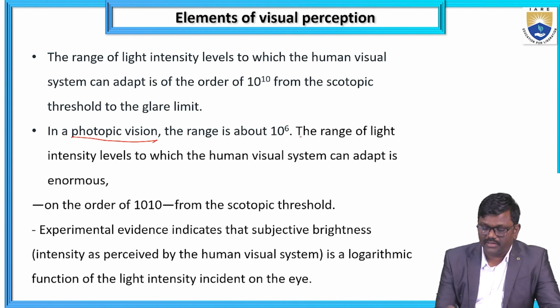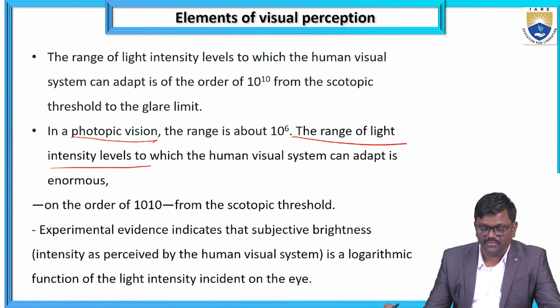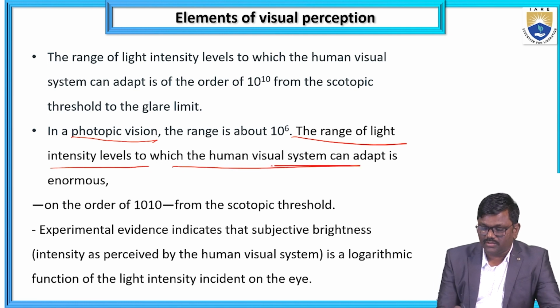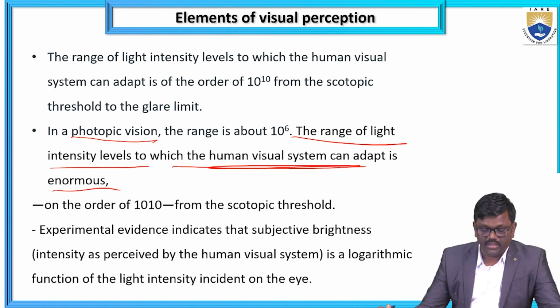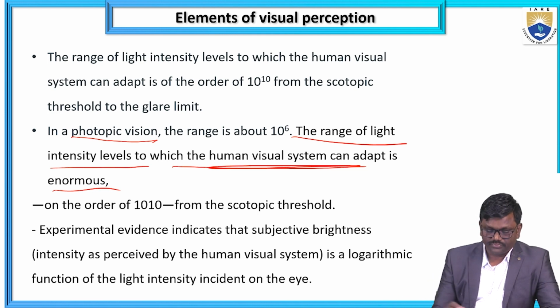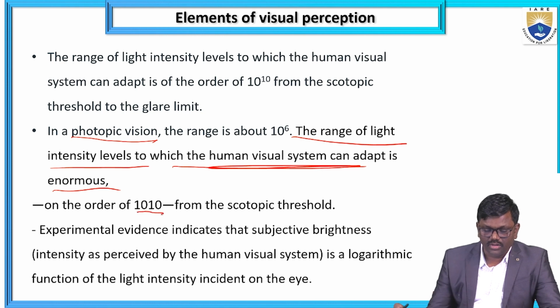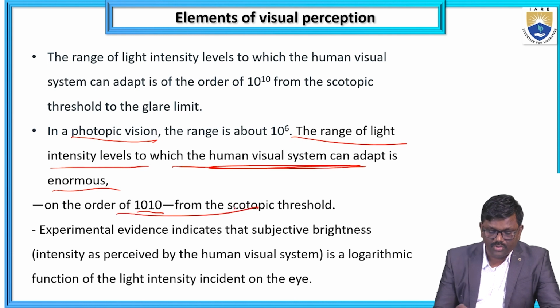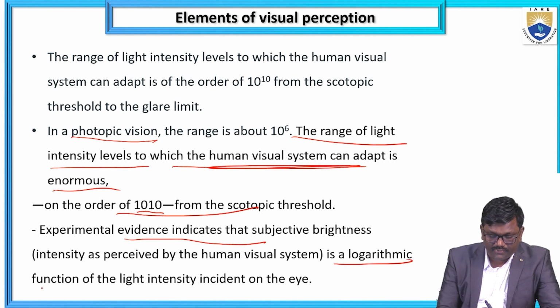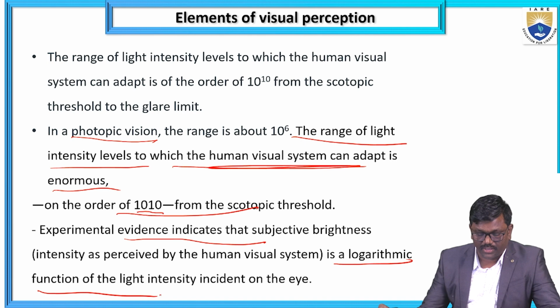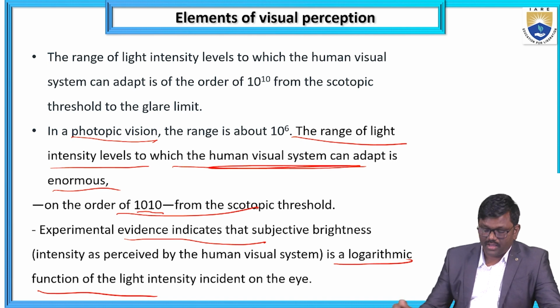The range of light intensity levels to which the human visual system can adapt is enormous, on the order of 10 to the power of 10, that means from the scotopic threshold value. The experimental evidence indicates that subjective brightness is a logarithmic function of the light intensity incident on the eye.